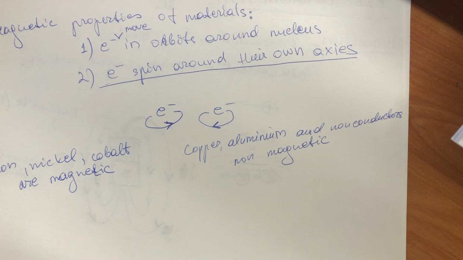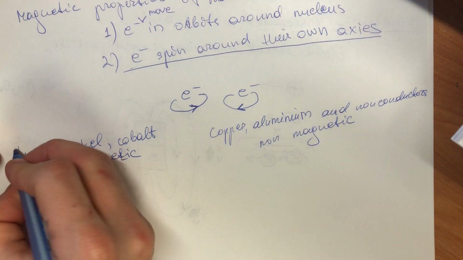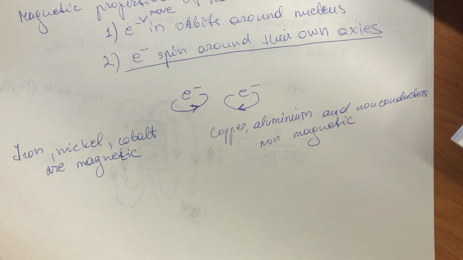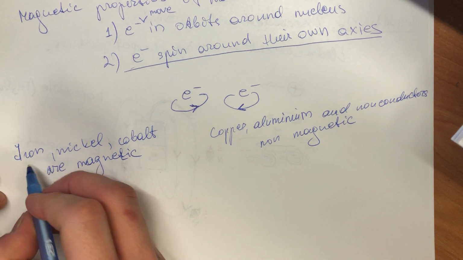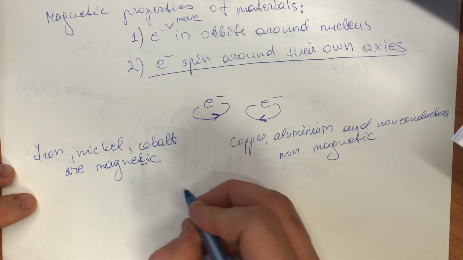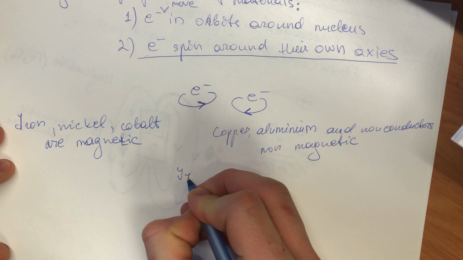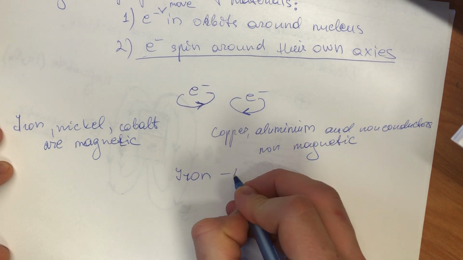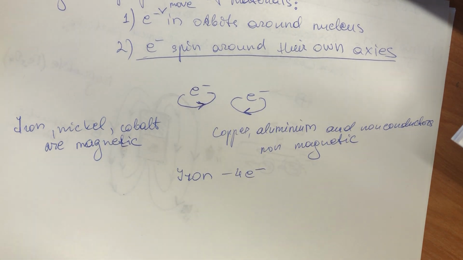Iron has 4 unbalanced electrons, 4 unbalanced spins of electrons.